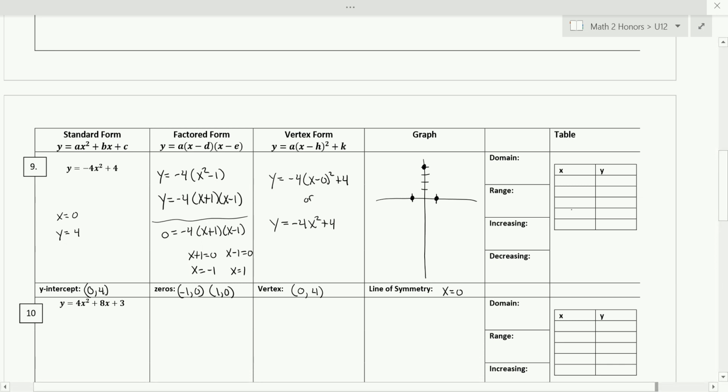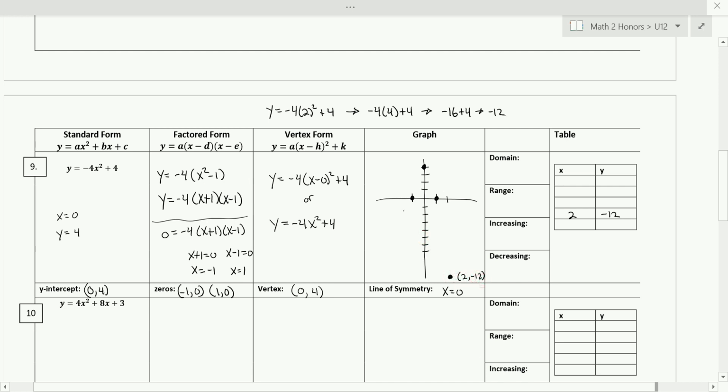So if I plug in a 2 for x, what am I going to get for y? So a little scratch work here. Y is going to equal negative 4 times 2 squared plus 4. And that's going to be negative 4 times 4 plus 4. That's negative 16 plus 4, which is negative 12. So when I plug in a 2, I get negative 12. I'm just going to put a point down here and call it 2, negative 12 here.